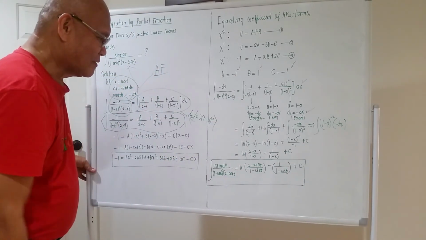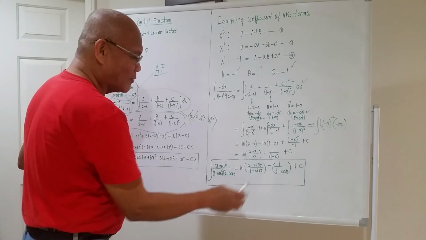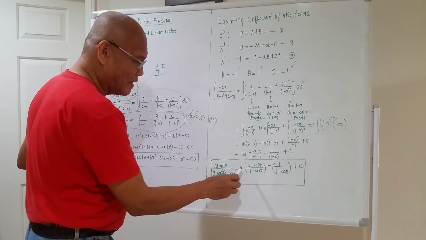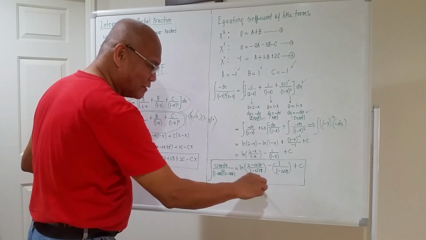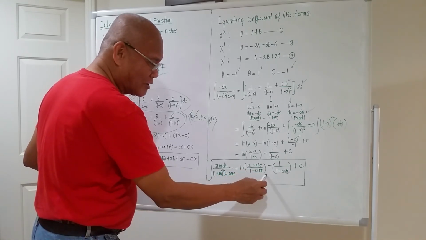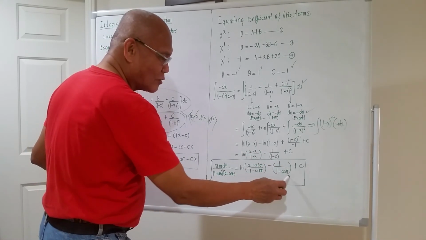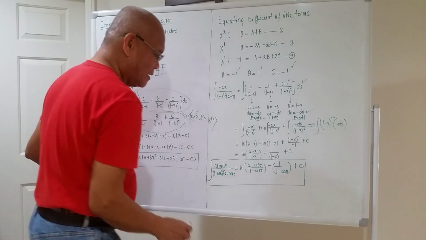But what is x? The value of x is actually cosine of theta. So the final answer will be natural logarithm of the quantity 2 minus cosine of theta over 1 minus cosine of theta, minus the quantity 1 over 1 minus cosine of theta, plus c.